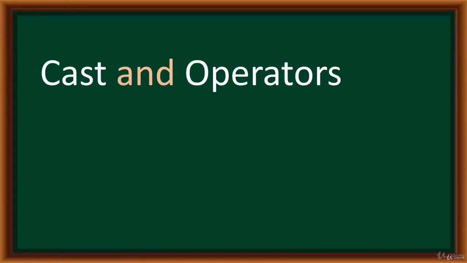Welcome to this lecture. In this lecture, I'm going to explain what a cast and operators are in Postgres. I'll start with the cast. Cast basically enables you to convert one data type into another data type.